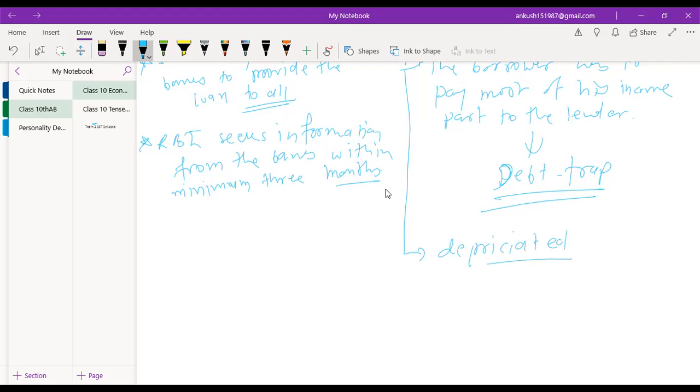Suppose the person has started any kind of business by taking loan from them, that sector would be depreciated, means its value would decrease if the income does not generate the way he thought while getting the loan from any informal sector. Have you got it? Yes, sir.